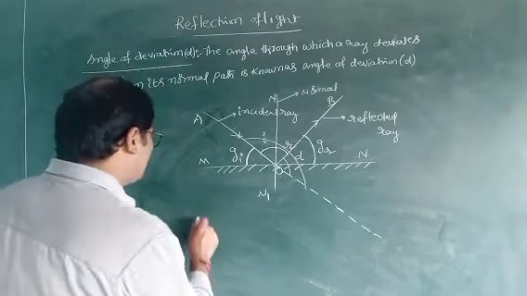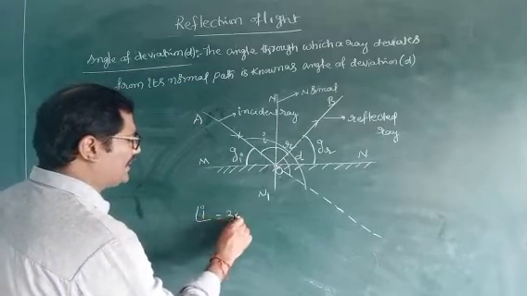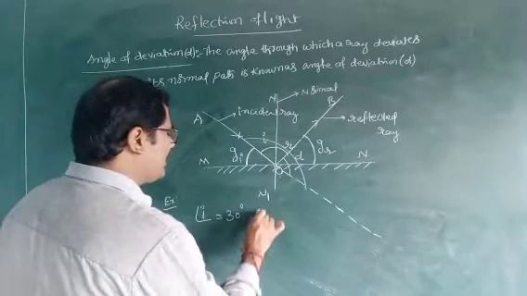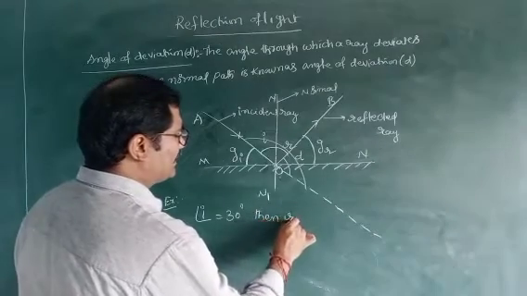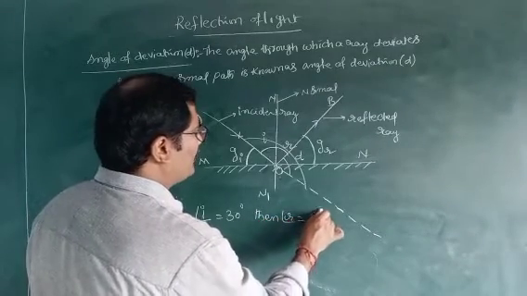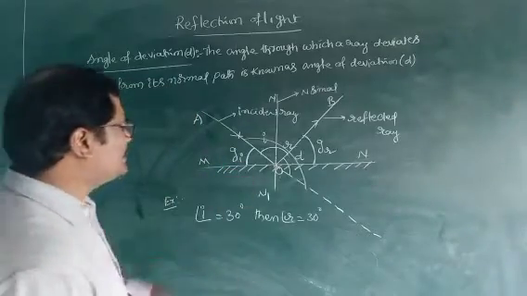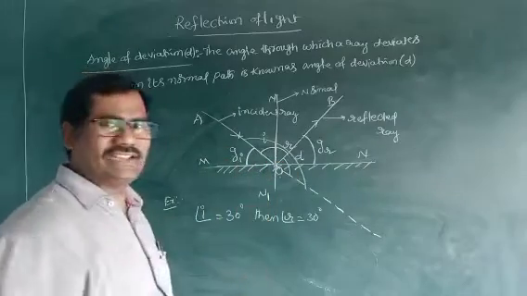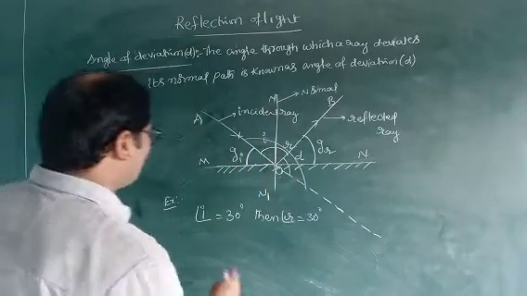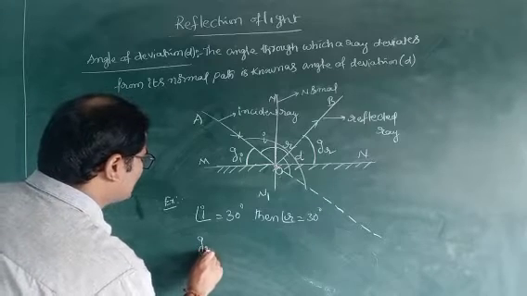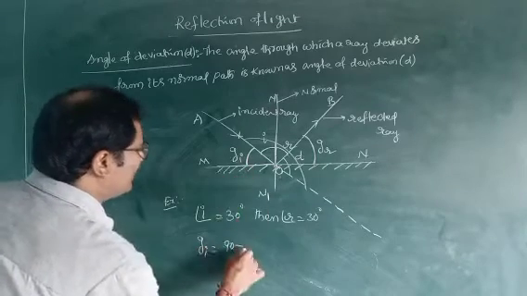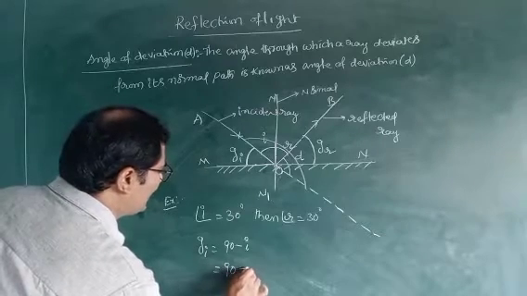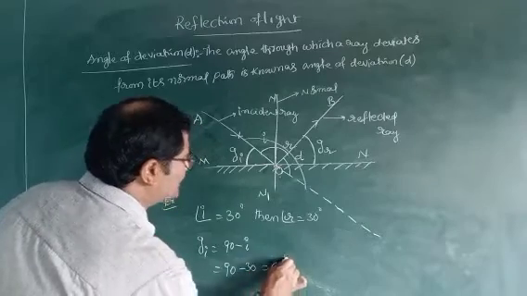For example, if angle I is equal to 30 degrees, then R is also 30 degrees from the law of reflection. What is the glancing angle? The normal makes 90 degrees with the mirror, so GI is equal to 90 minus the angle of incidence. 90 minus 30 is equal to 60 degrees.